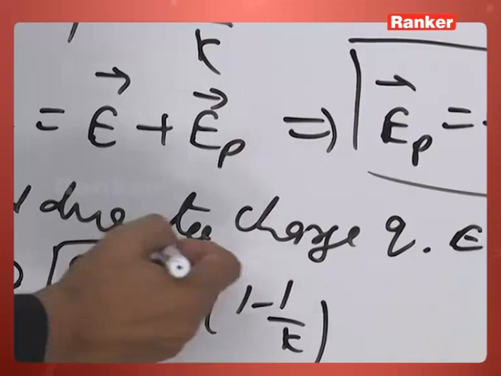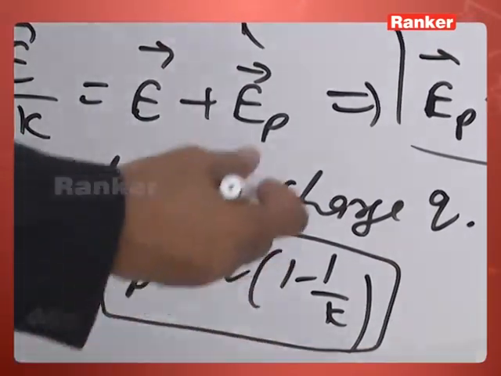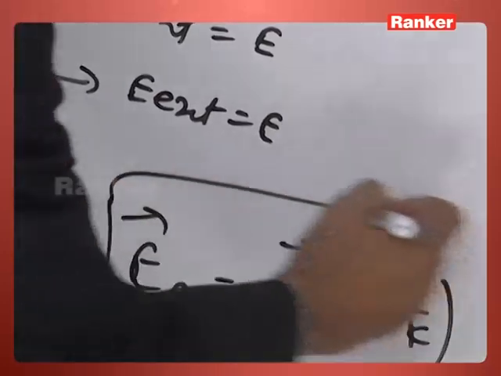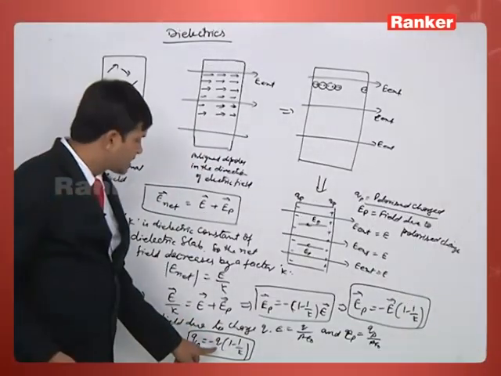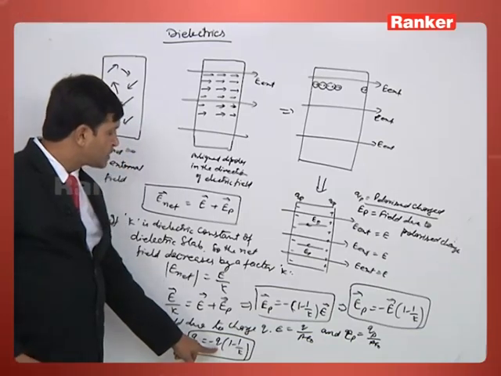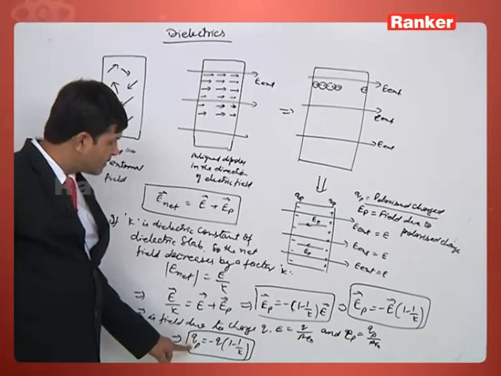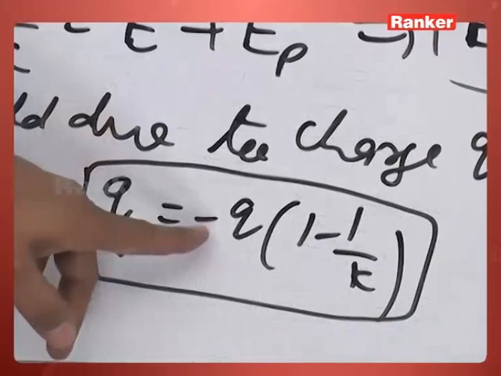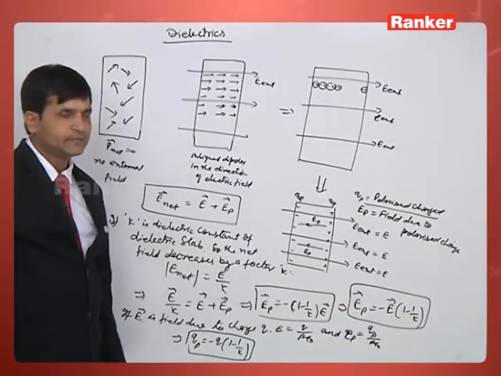So this is a very, very important relation here. The negative sign means that Q is the charge responsible for producing the polarized charge, and the polarized charge will have a sign opposite to the charge which is polarizing it.